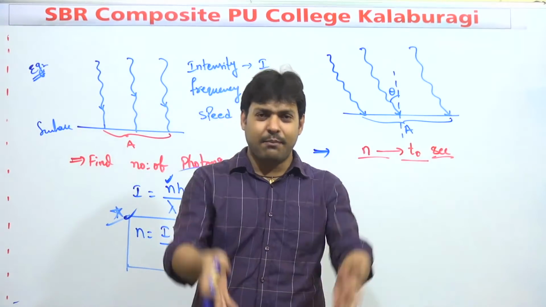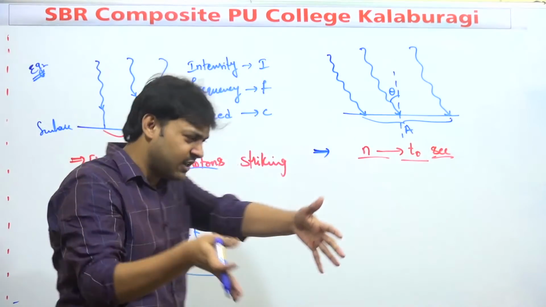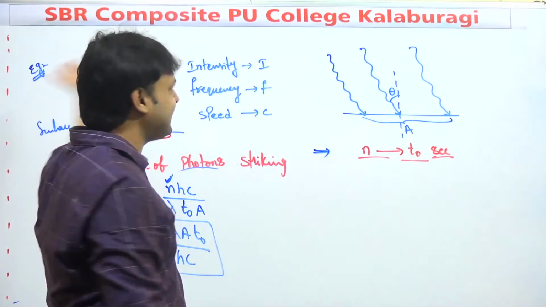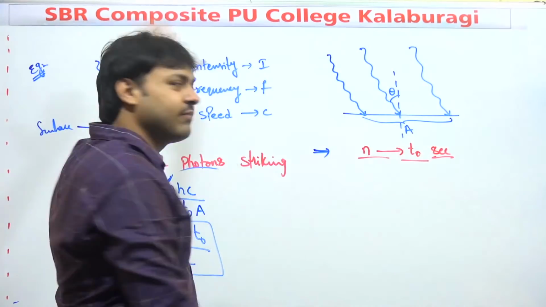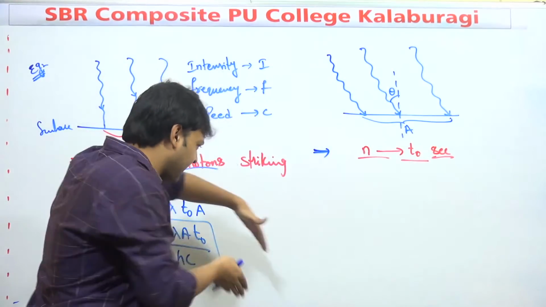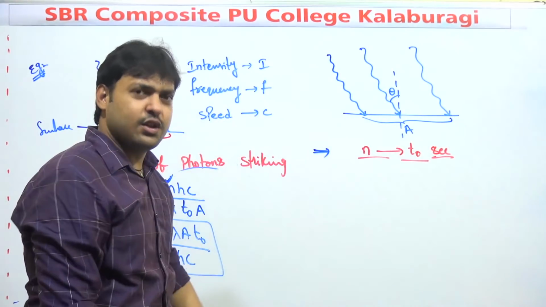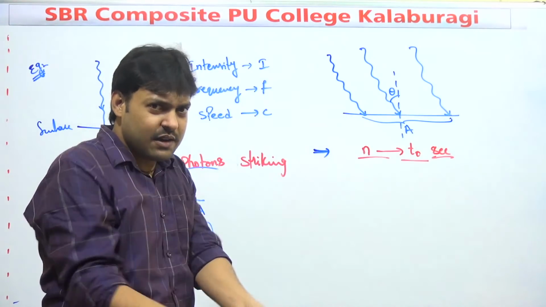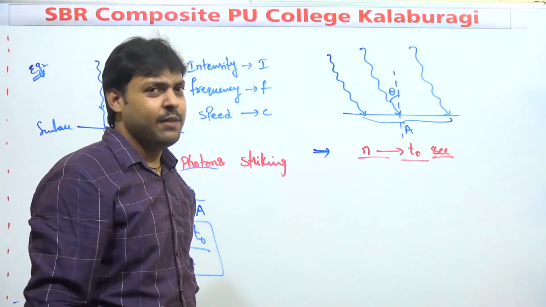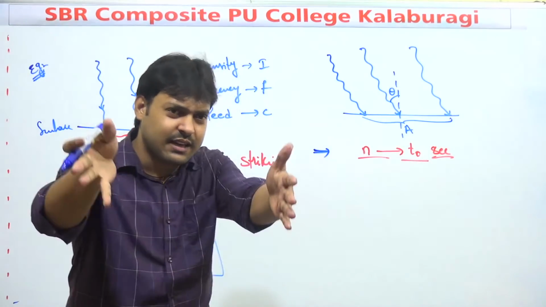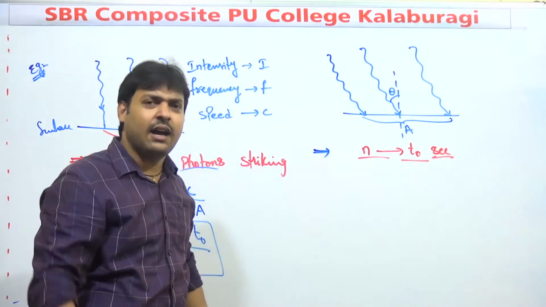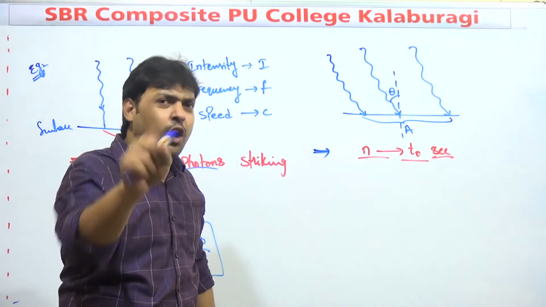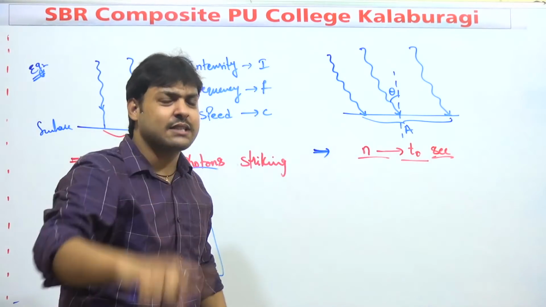For example, the number of field lines coming in this direction must pass through this area, this board. The flux is EA cos theta. Try to revise for a minute. When the field lines come perpendicular, theta is 0, cos 0 is 1, so the maximum flux will be there.